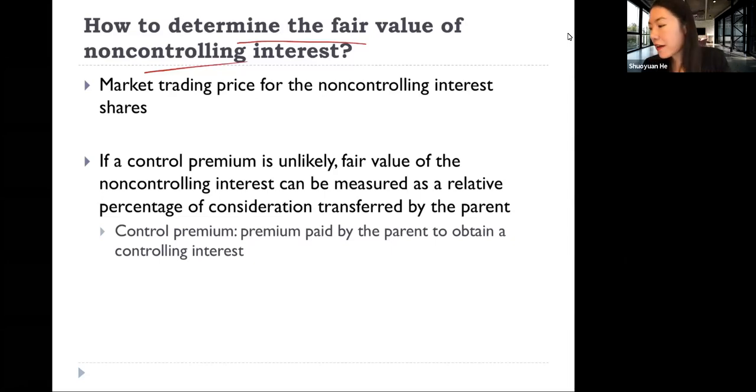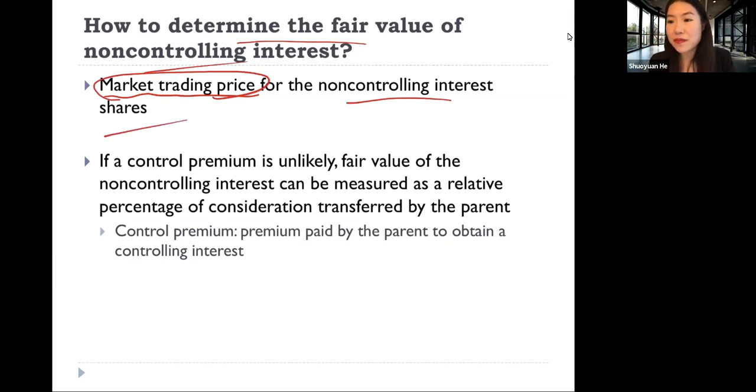Usually, if the subsidiary's shares are actively traded on the market, we just take the market trading price for the non-controlling interest. However, in some situations the subsidiary's shares are not actively traded.